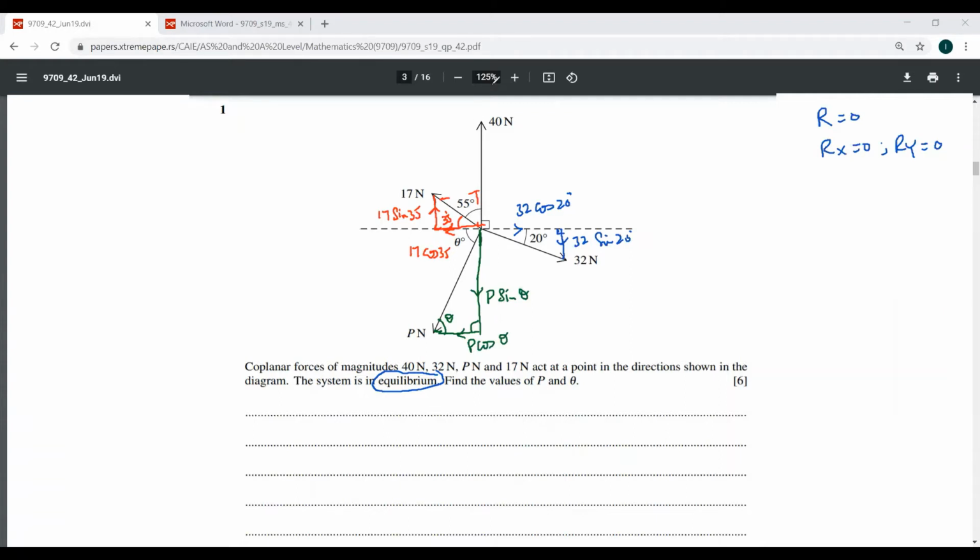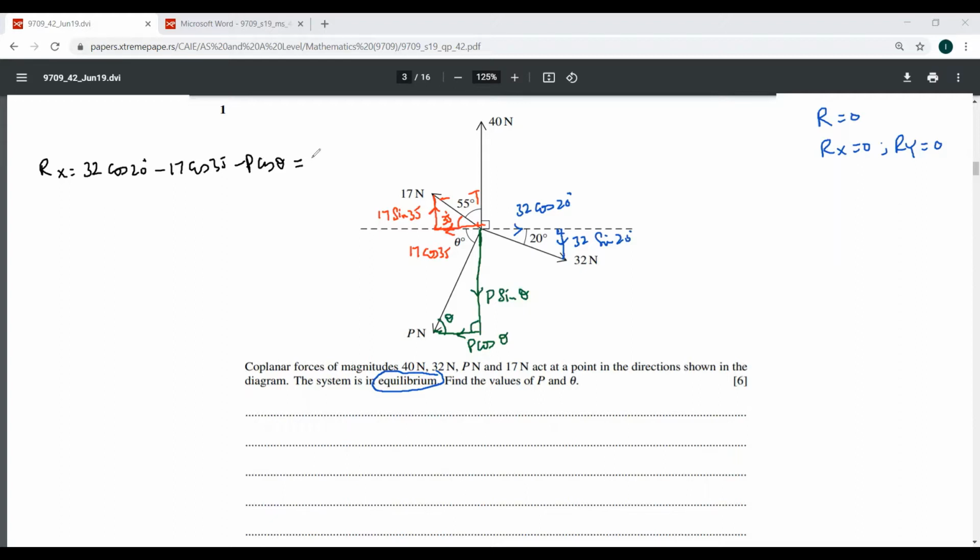Okay. So now I can say my Rx is going to be, first of all, 32 cos 20. Then I have minus 17 cos 35. Okay. And then I have minus P cos theta.